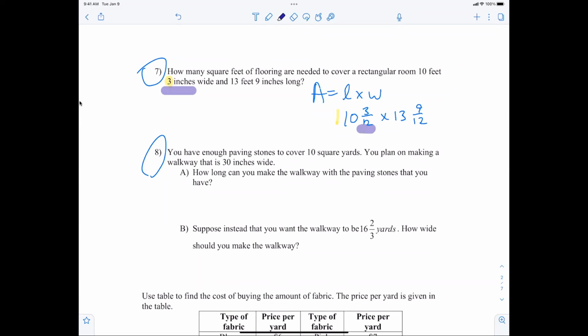All right, now last year, of course, and the year before that, you were introduced to rectangles. And I'm kind of hoping everybody understands that the area of a rectangle is just what? Length times width. All right.